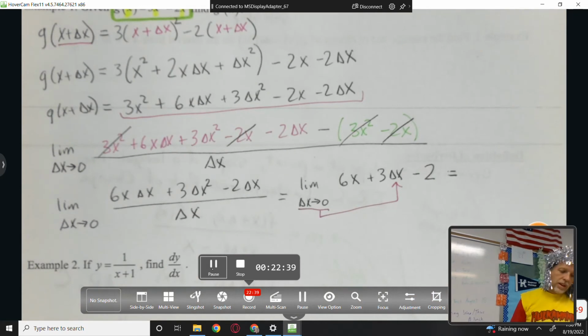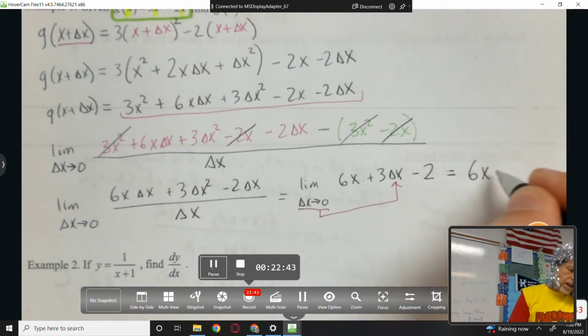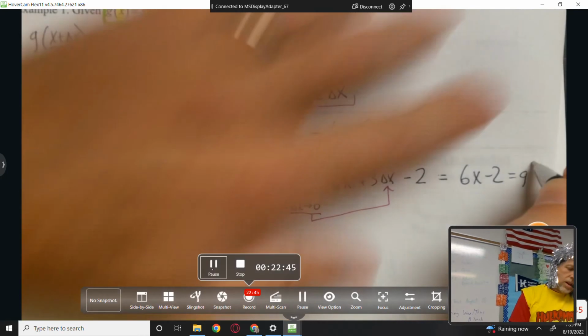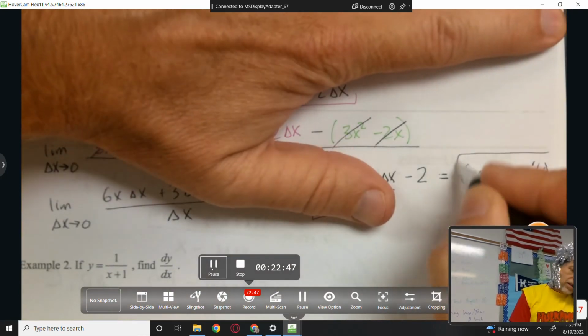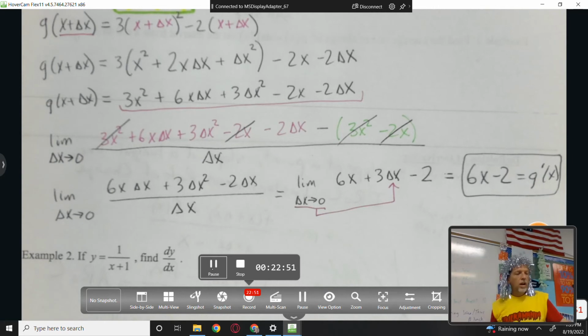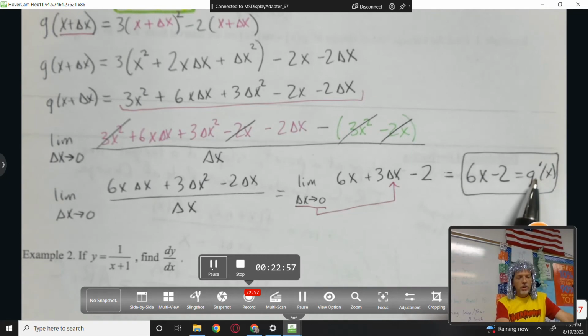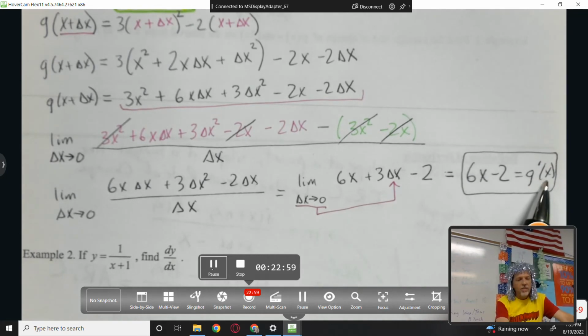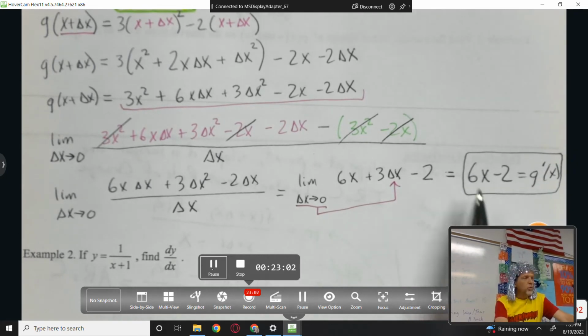If I plug in delta x equals 0, I get 6x minus 2. And so that is my answer. That's the derivative of g at any particular x. So if I want to know the slope at any particular point of x, I just plug in 2 or 7 or 12 or whatever point I want to know the slope at.